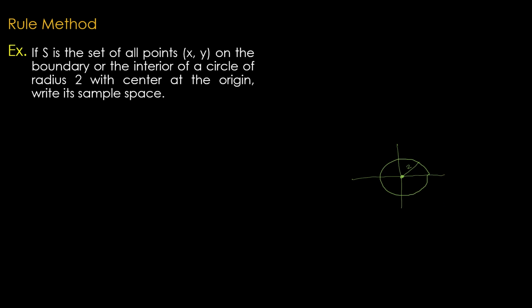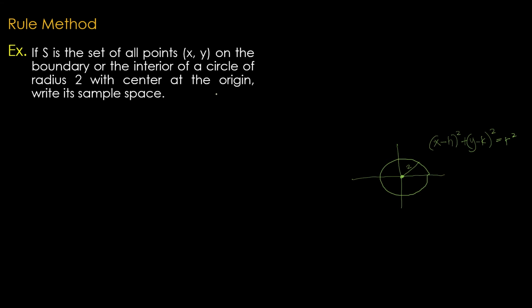What is the general equation for a circle? That is from your analytic geometry: (x minus h) squared plus (y minus k) squared is equal to r squared.